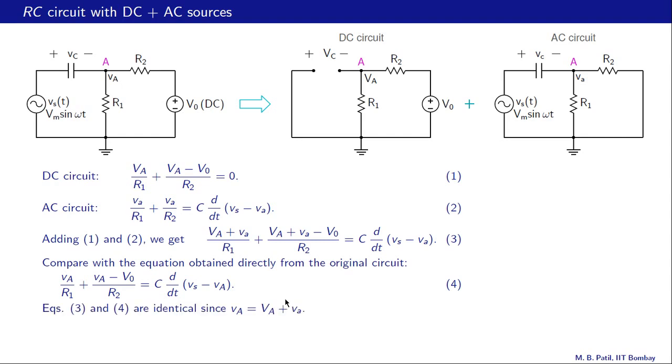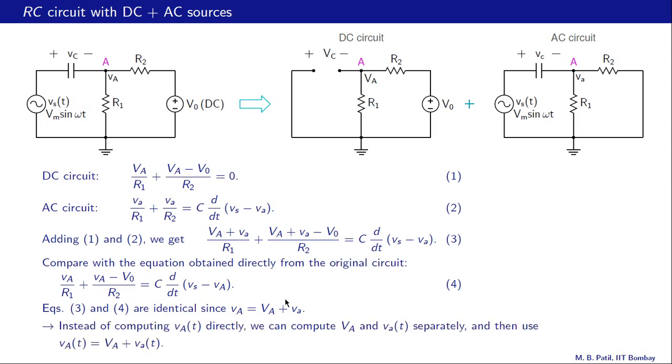And this is a very powerful statement, because now instead of computing Va directly from equation 4, we can compute the constant part using equation 1, the sinusoidal part using equation 2, and then use the instantaneous Va as the sum of DC Va and the AC Va.